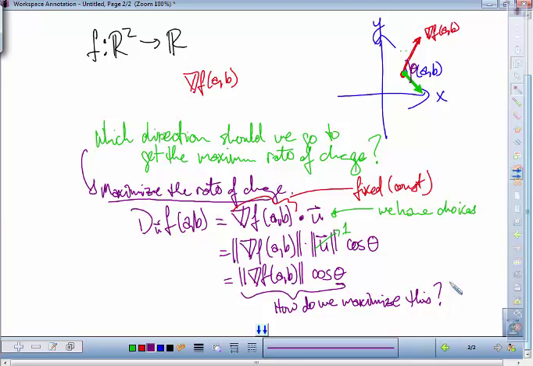Well, we can't change the gradient or the magnitude of the gradient, so we're just left to maximize the cosine of theta. And when is the cosine of theta a maximum? Max at theta equal to 0.